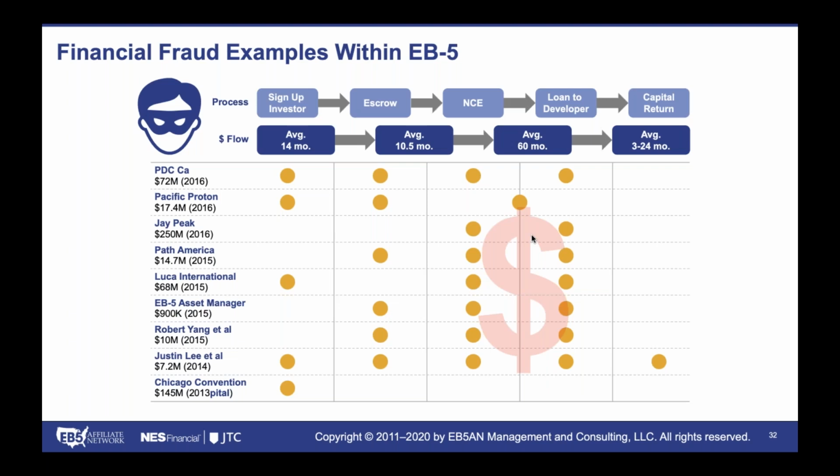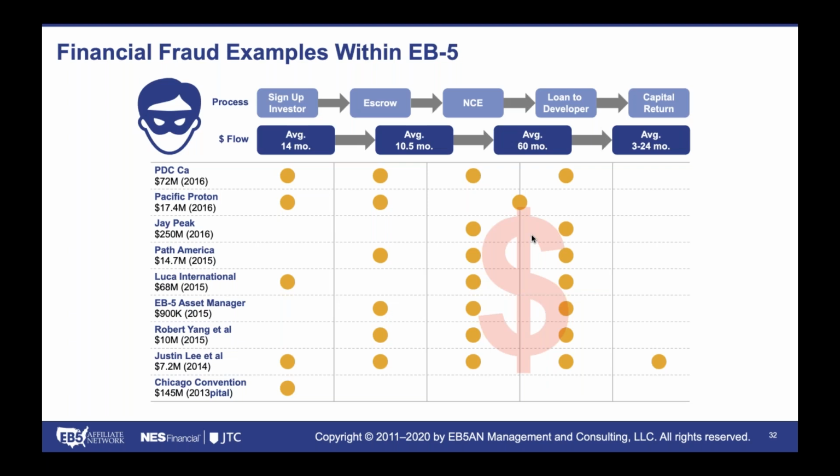This is just a helpful slide. I won't spend a lot of time on it, but there have been cases of fraud in the EB5 industry, and in most cases it's where you have related parties, where the developer is the same as the general partner, is the same as the regional center, and there's been no third party involved.